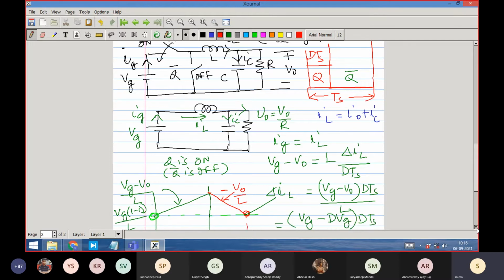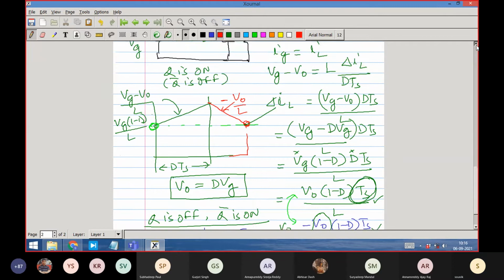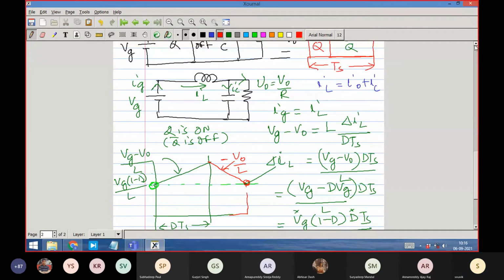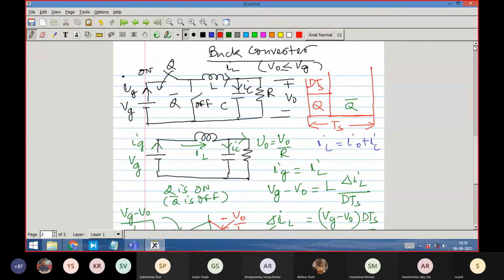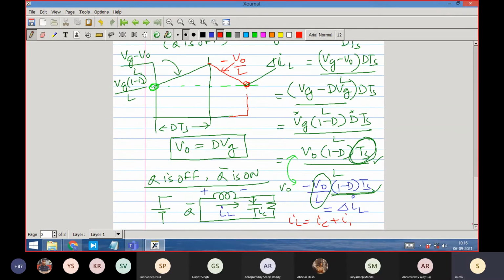During off time also, this current IL is equal to IC plus IR, or I naught, what I wrote: IC plus I naught. I naught is the load current.